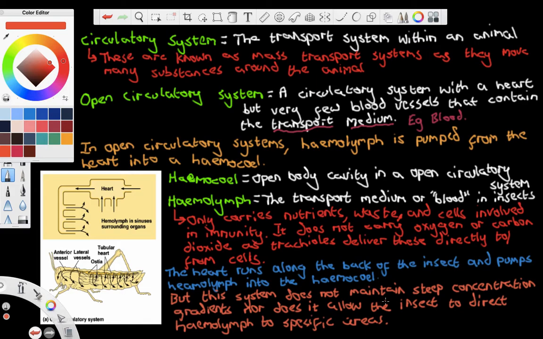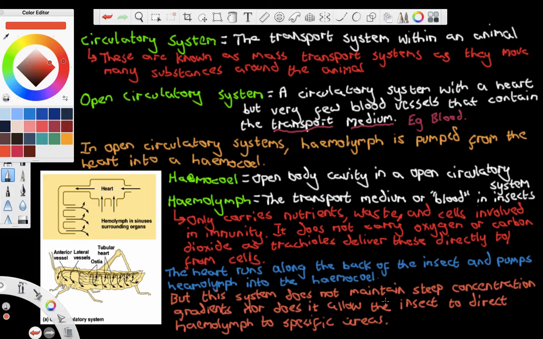The only problems with this system are that it does not maintain a steep concentration gradient, so diffusion is much slower in the insect between the cells and the hemolymph, and it does not allow the insect to direct hemolymph to specific areas.